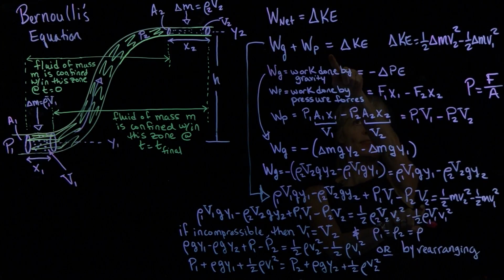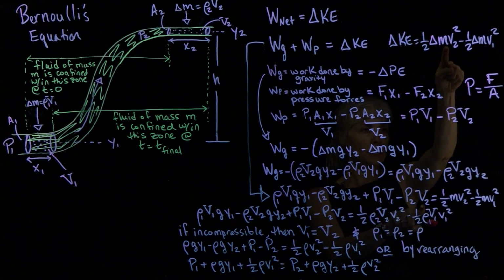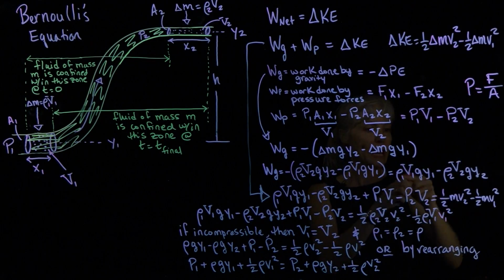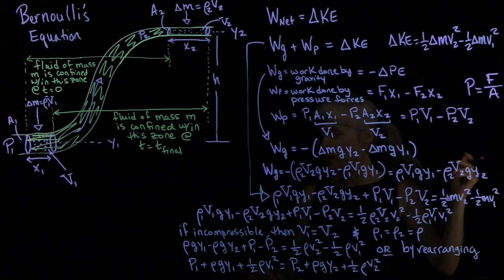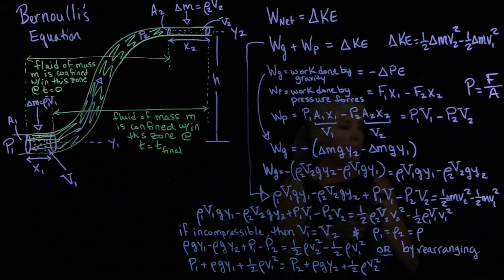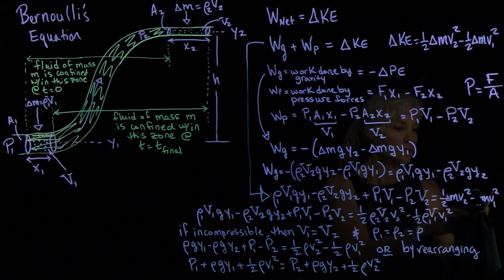And now we want to set that equal to the change in the kinetic energy. Here is the change in the kinetic energy, so 1/2 delta m v2 squared minus 1/2 delta m v1 squared. I'm missing the delta sign, I apologize.